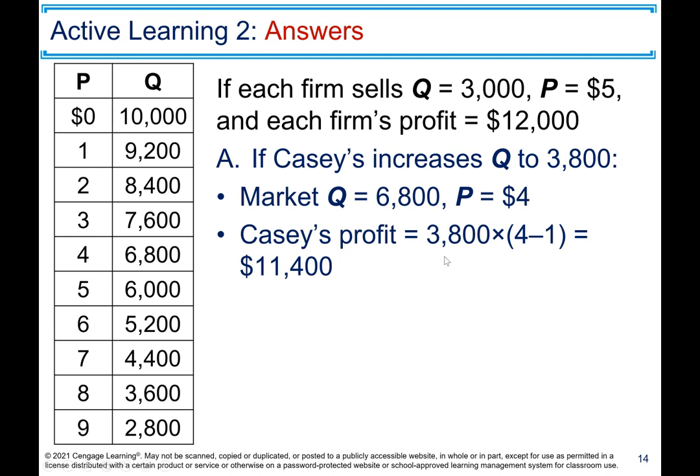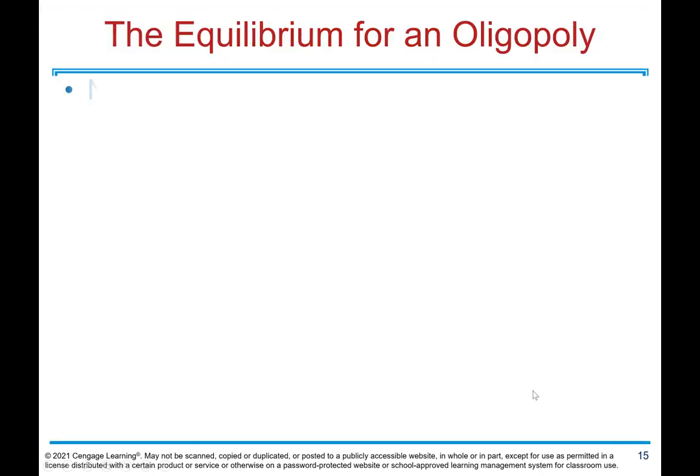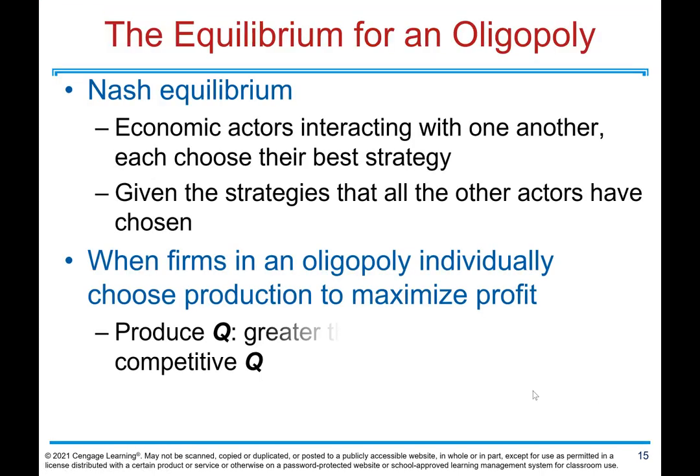Casey's profit is 3,800 times 4 minus 1, which is equal to 11,400. Casey's earns a lower profit at output 3,800 than at output 3,000. B. The same is true for 7-Eleven.